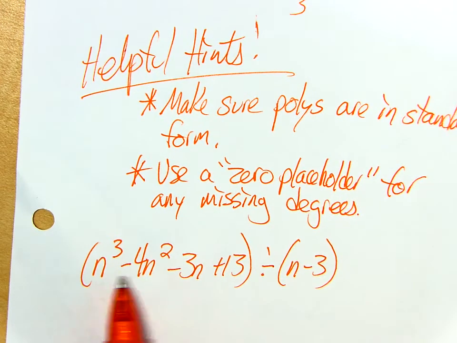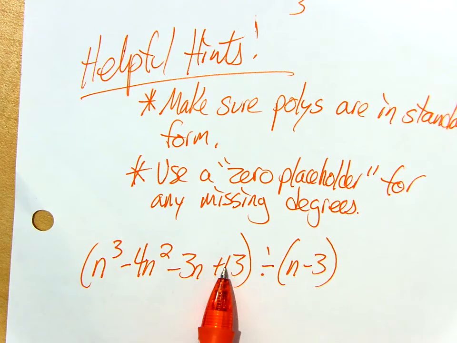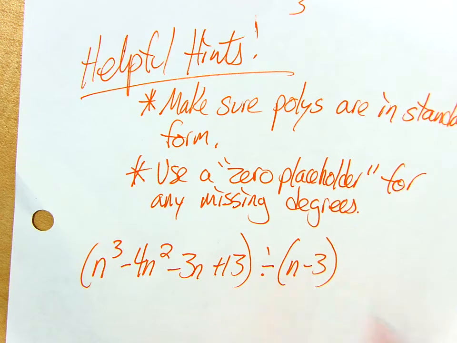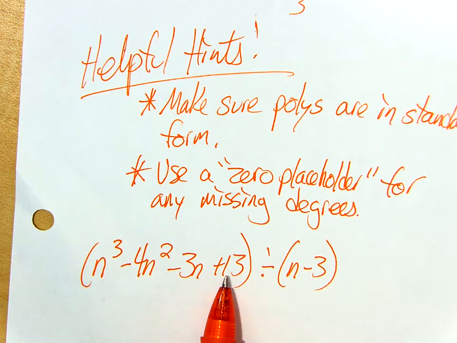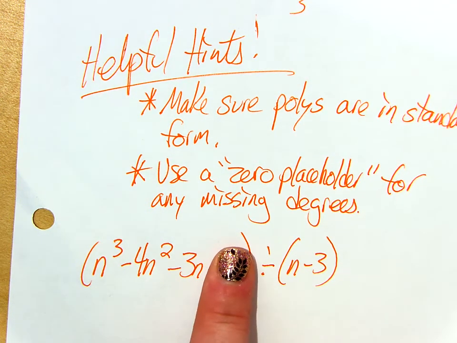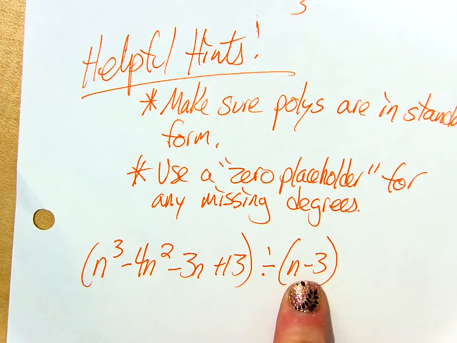This one, 3, 2, 1, none. Yep, they're all in order. This one just has n minus 3, so that one's fine. Am I missing any degrees? No, they're all there: 3, 2, 1, and you also have to have none. If I didn't have a plus number on the end, I'd have to put a plus 0. But they're all there.